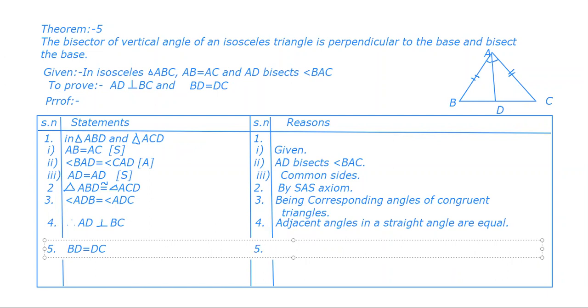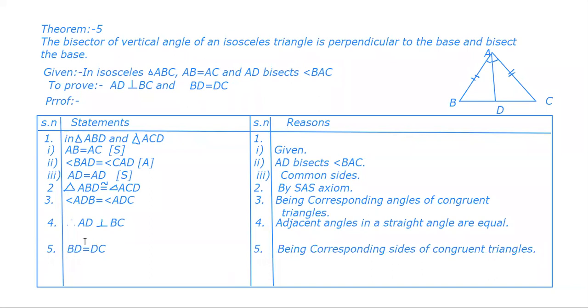Because they are corresponding sides of congruent triangles. Because these two triangles are congruent, so these two sides are corresponding sides.